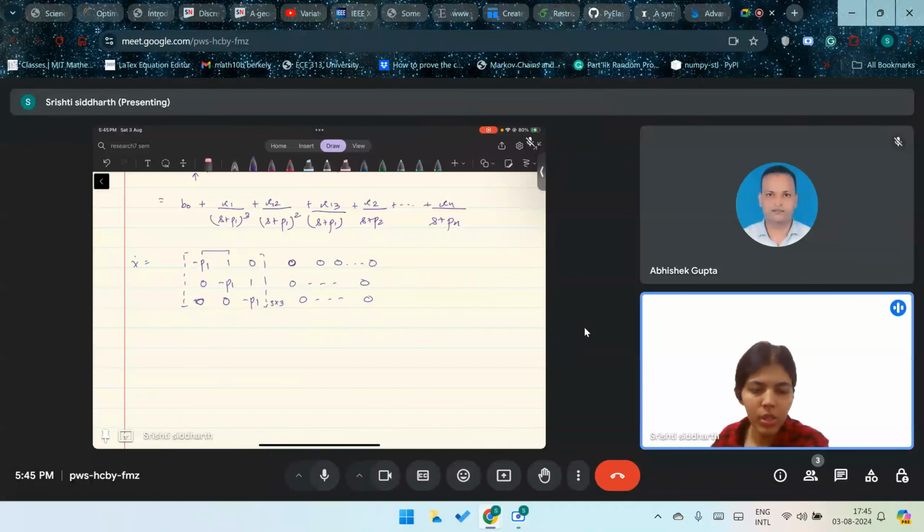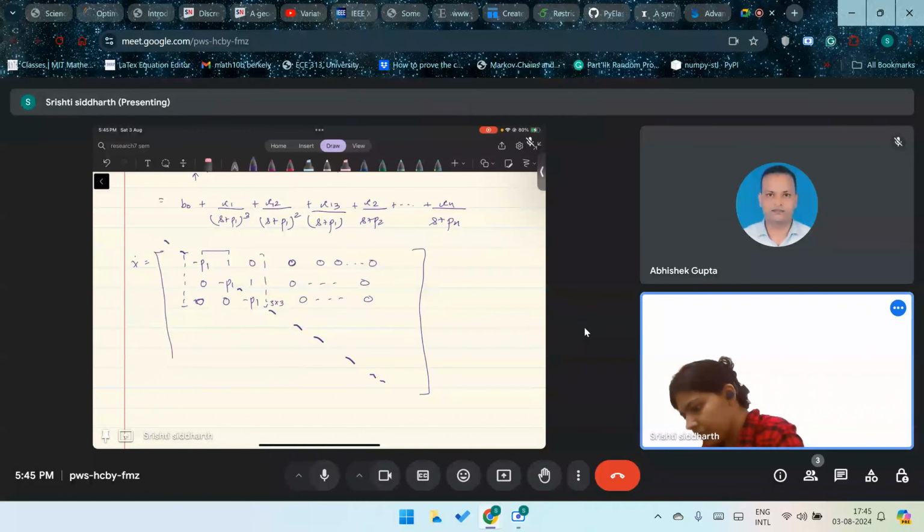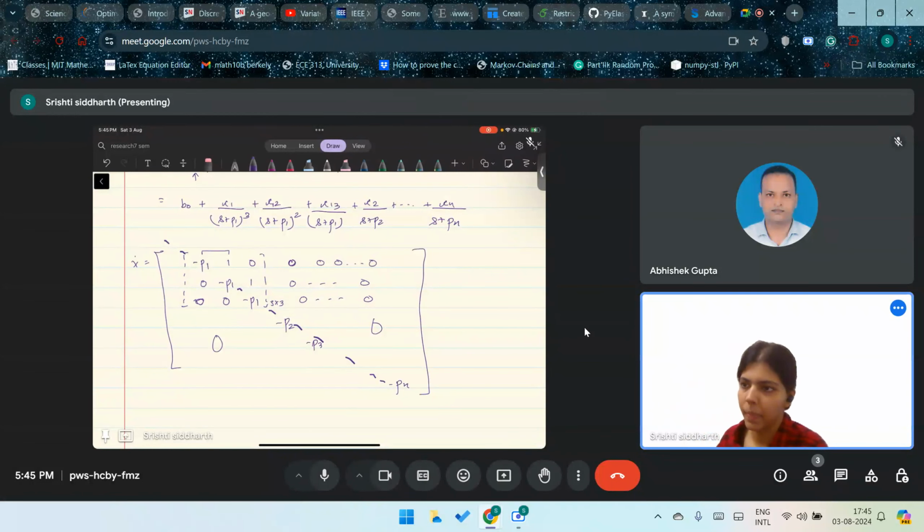Alright, so the rest of the poles are just distinct. So you can start from the main diagonal. So this is the main diagonal of the matrix. You have zeros, and along the main diagonal, you'll have the next distinct pole, then minus p3 all up to minus pn.